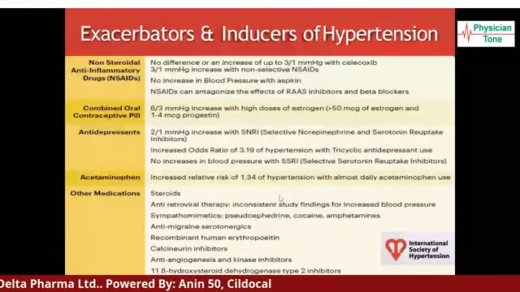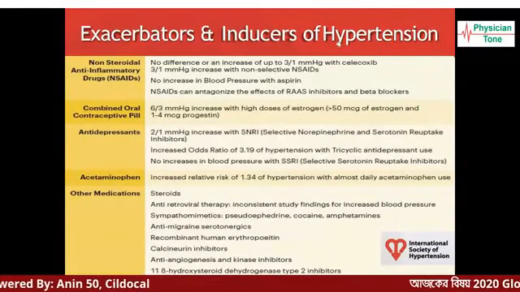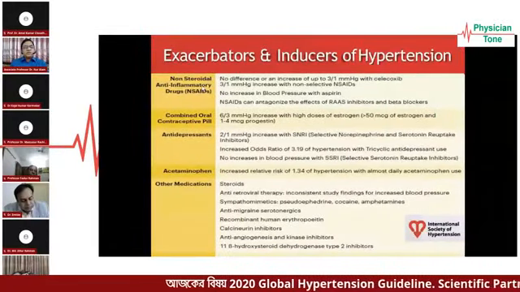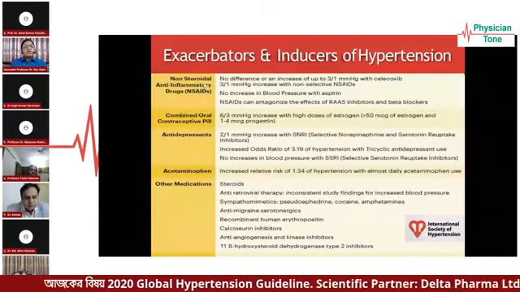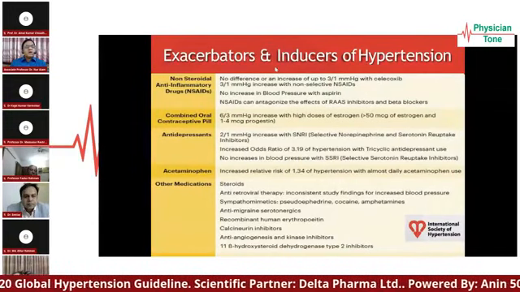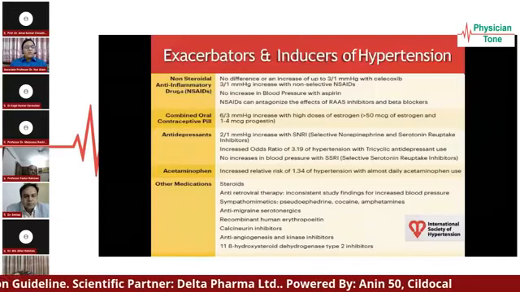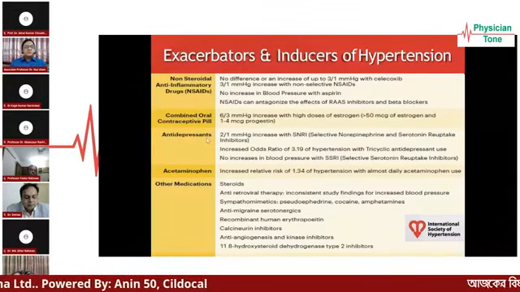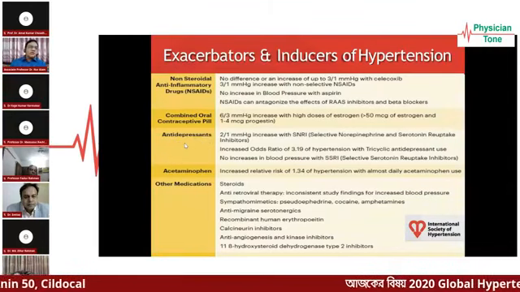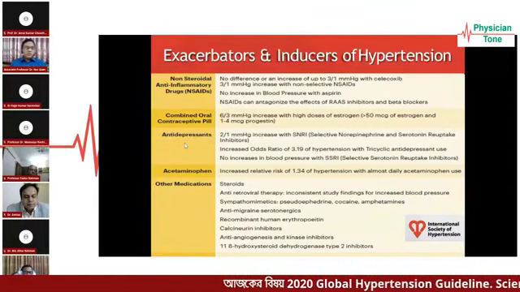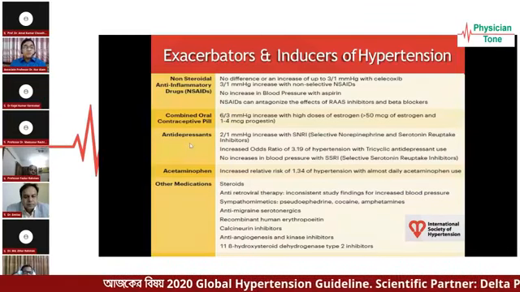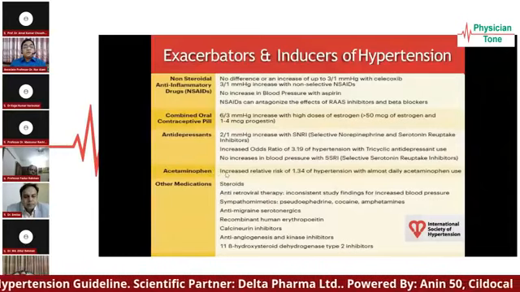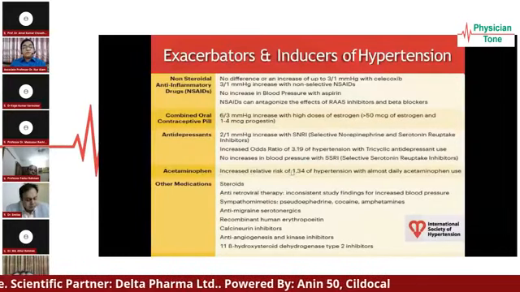Exacerbators and inducers of hypertension. Often we ignore these. Some drugs or substances increase hypertension. What are those? NSAIDs, oral contraceptive pills, antidepressants like tricyclic antidepressants, and some antidepressants like selective norepinephrine reuptake inhibitors, and also acetaminophen, a frequently used drug, which increases the relative risk of hypertension if frequently used.